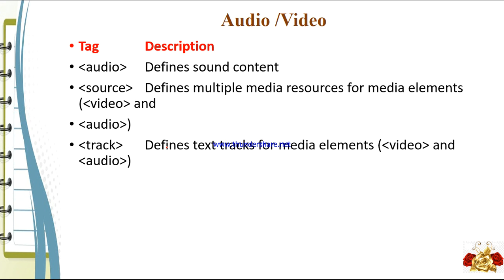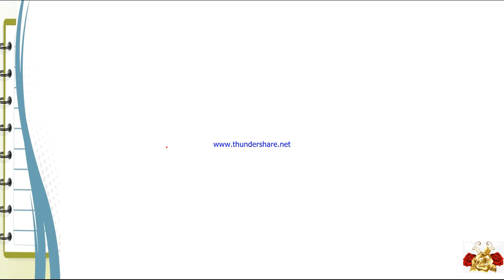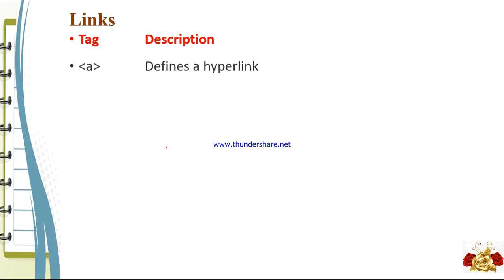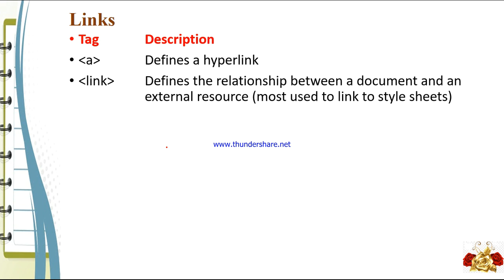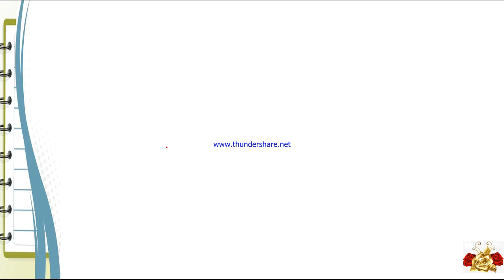The track tag defines a text track for a media element. And video defines the video or movie. Then links. What are the link tags used in HTML? A defines the hyperlink. Link defines the relationship between the document and external resources. Nav defines navigation links.